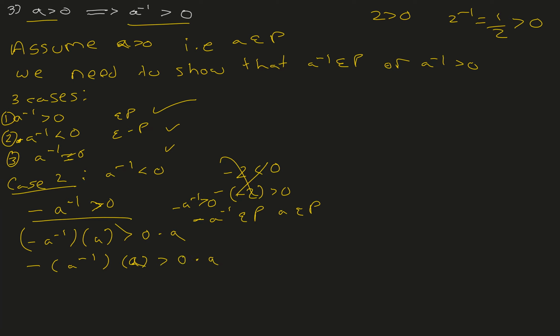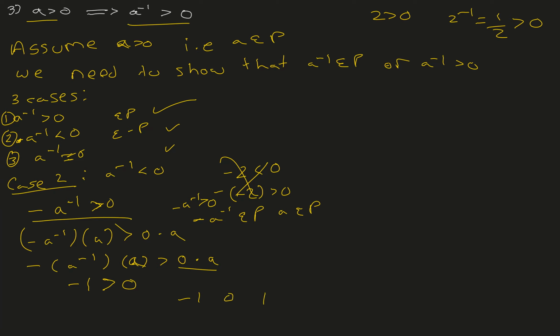From the multiplicative inverse, since A inverse is the inverse of A, we get negative 1, and we know that 0 dot A is of course 0. We get that negative 1 is greater than 0, and this is absolutely strange. On the number line, negative 1 is behind 0.